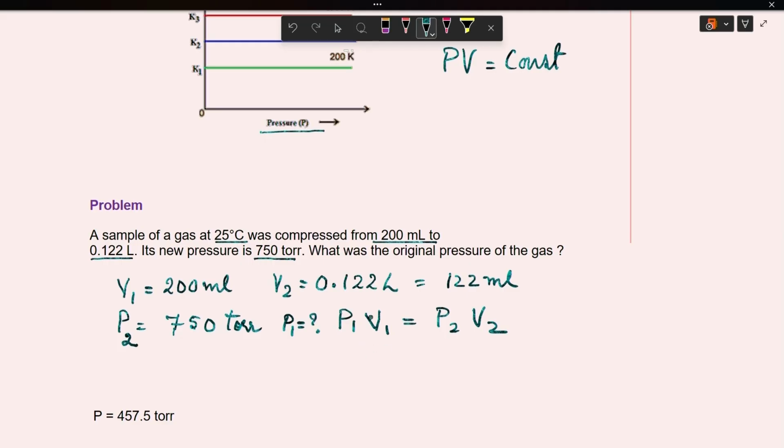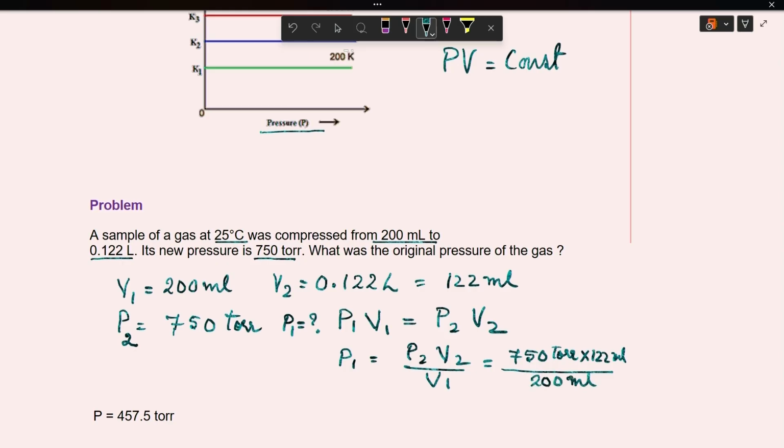So, applying these values, P1 will be equal to P2V2 by V1. P2 is 750, taken in torr, into V2, V2 is 122 ml, divided by 200 ml.